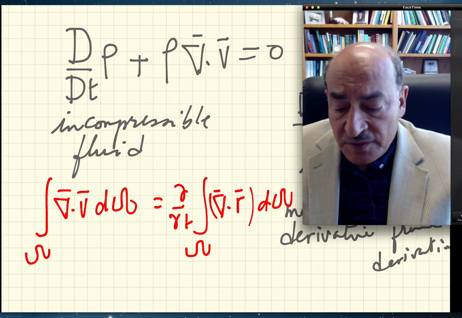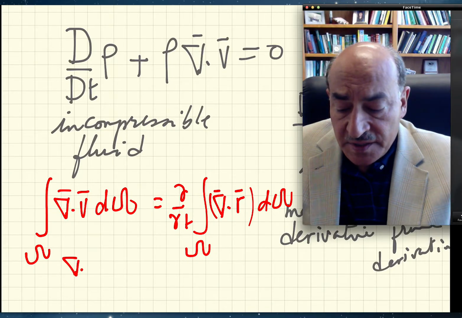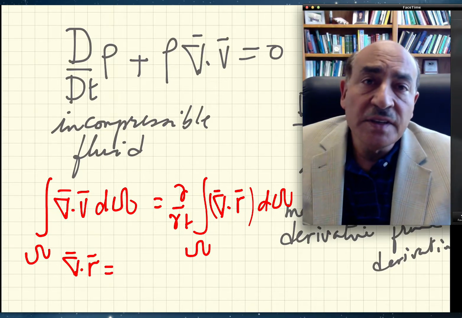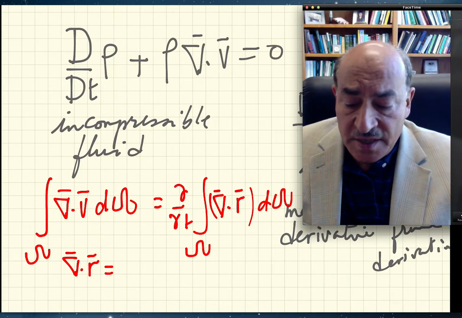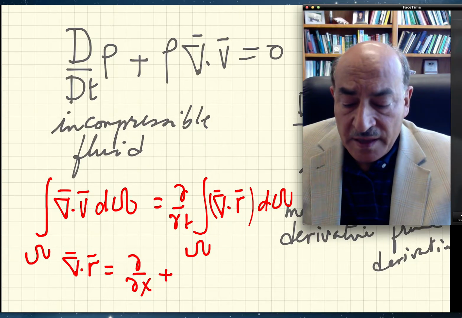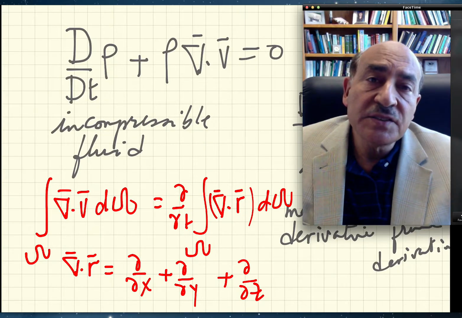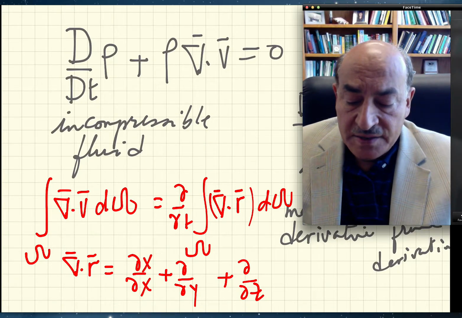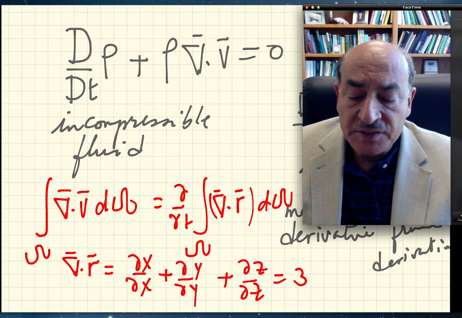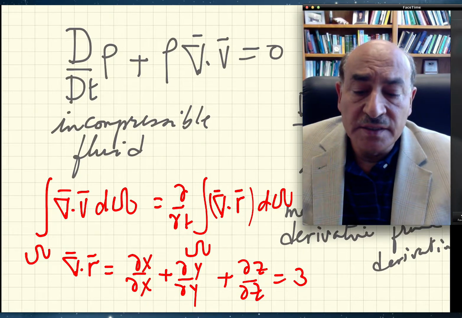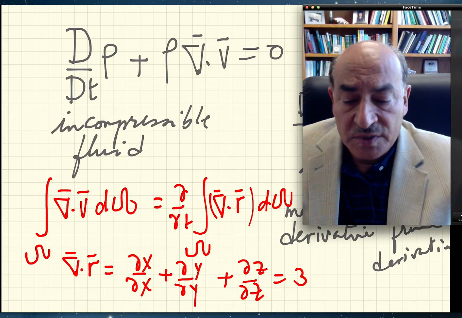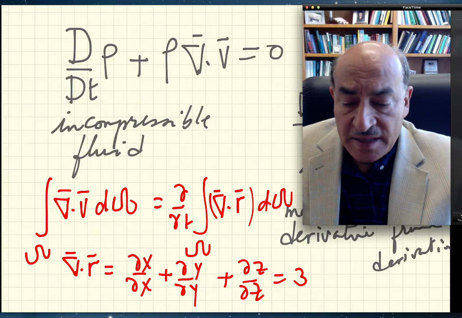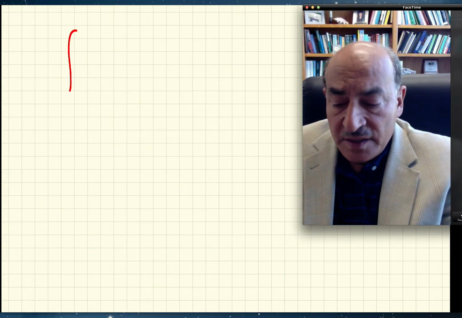The divergence of r is going to be very interesting to note. Divergence is d by dx, d by dy, and d by dz, as we mentioned in the beginning of this lecture, with 3 components. We have x, y, z, so we get a factor of 3. So we have a constant number here, and the constant number is 3.